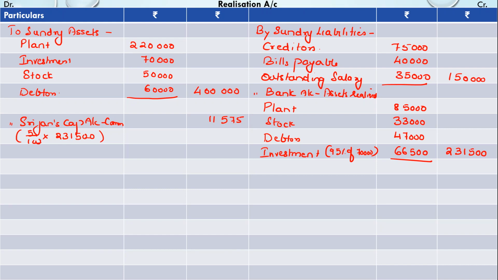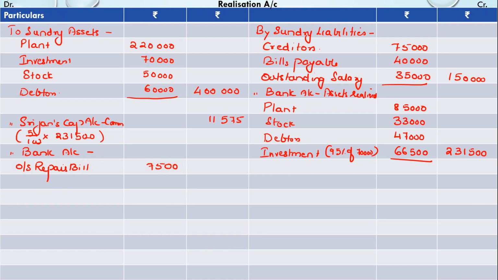Fourth one, the firm had to pay 7,500 for outstanding repair bill. So this is for the payment to be made. So realization account debit to bank account. First one is on account of outstanding repair bill of rupees 7,500. So we will pay it off.